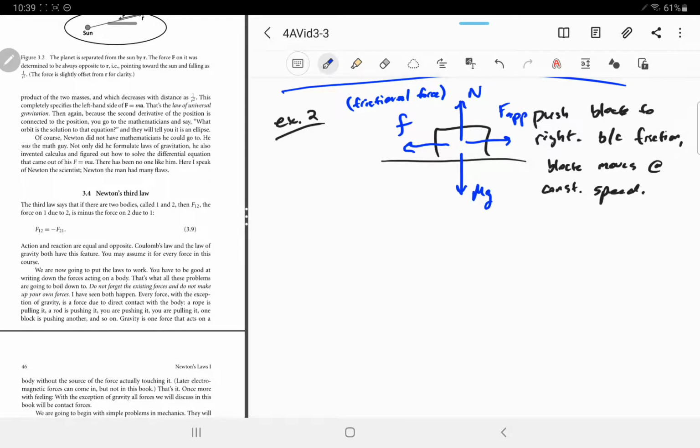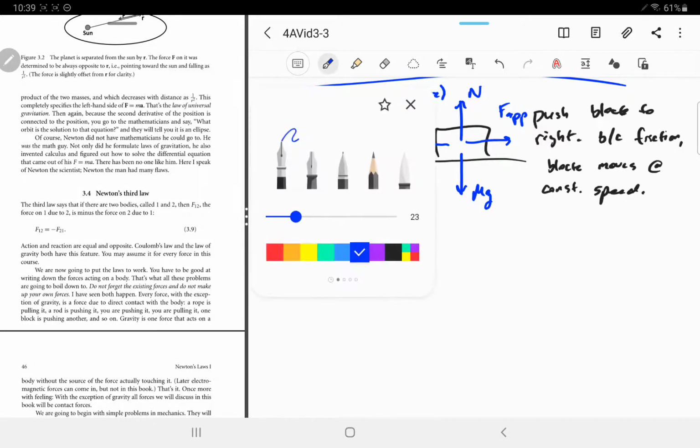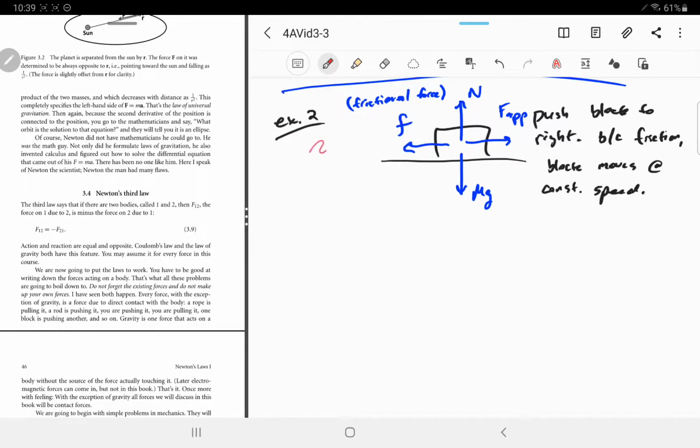So there's mg vertically downwards, the normal force vertically upwards, the applied force to the right, and the frictional force to the left. The vertical forces cancel out, and separately the horizontal forces cancel out. So there's no acceleration. Separate from the free body diagram, you could say something about the acceleration, but the acceleration is 0. All of these forces are canceling out.